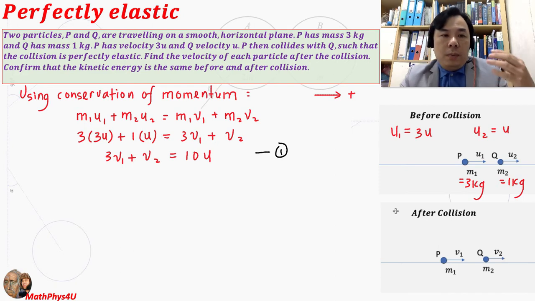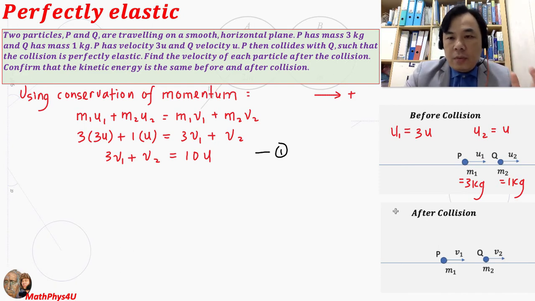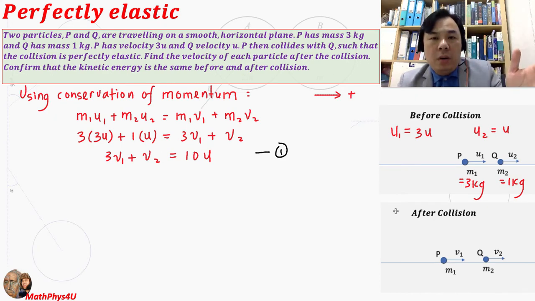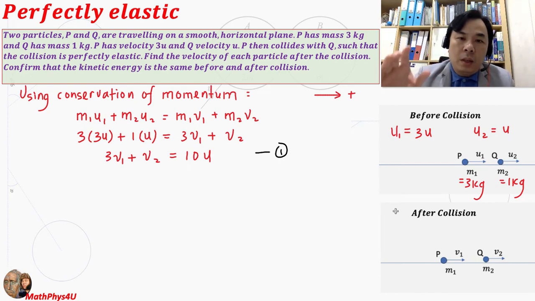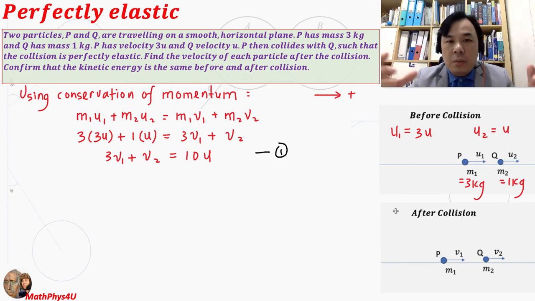Perfectly elastic is defined as a collision where, after the collision itself, the total kinetic energy is conserved, which means the total kinetic energy before collision and the total kinetic energy after collision remain constant.